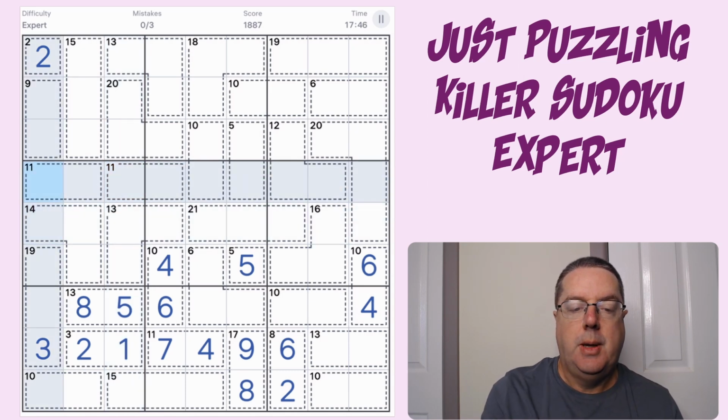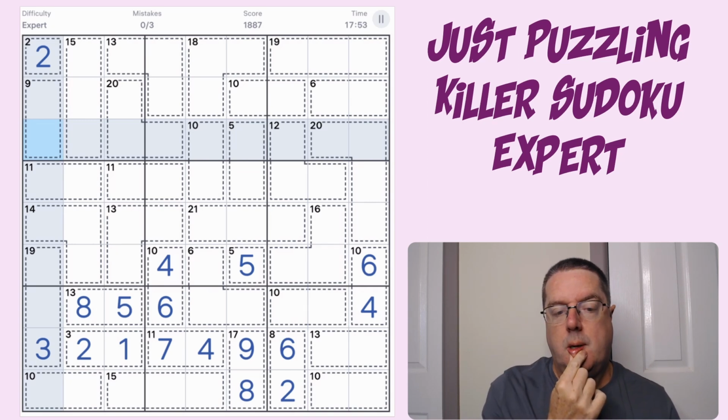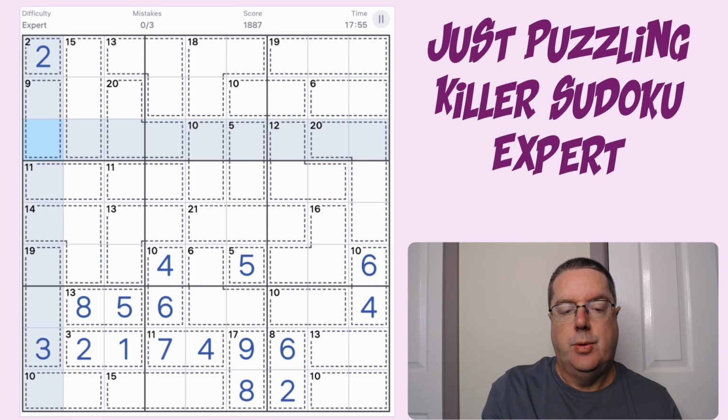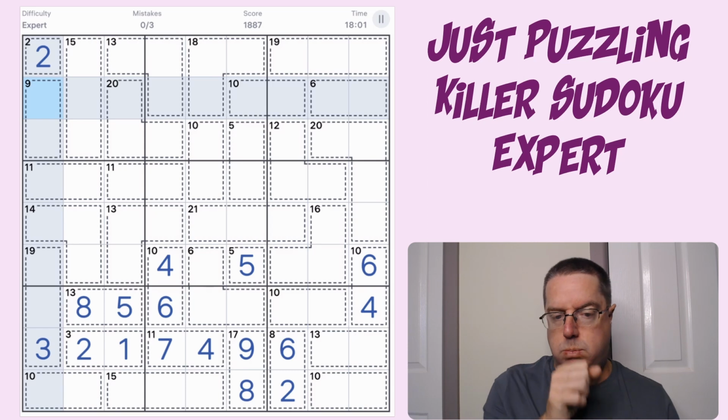So this is either going to be 8 and 1 or 8 and 1. Because 8 and 1 cannot be in this one, it's not in those cells, so 8 and 1 can be there or there. The other one's 4 and 5.